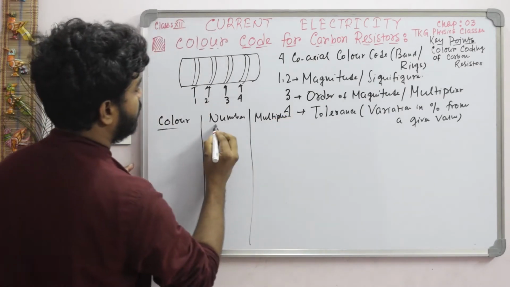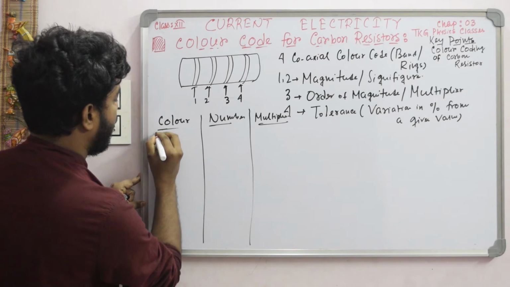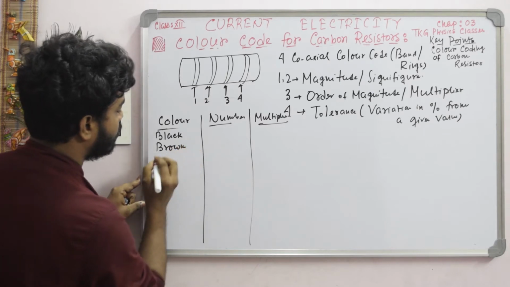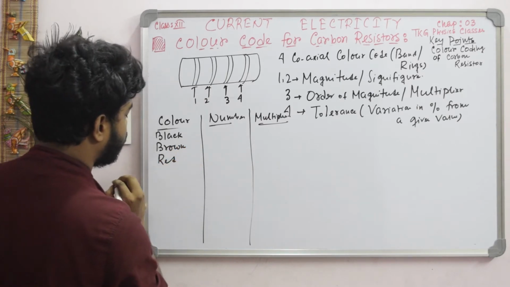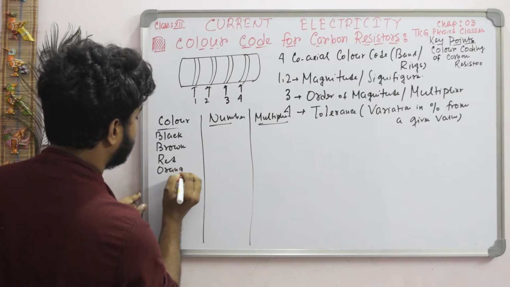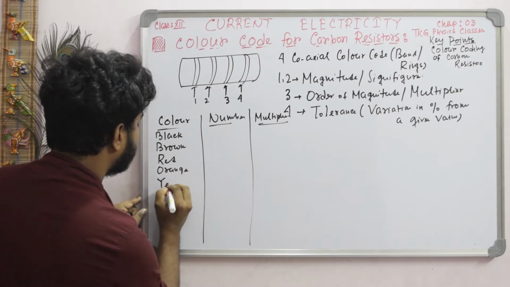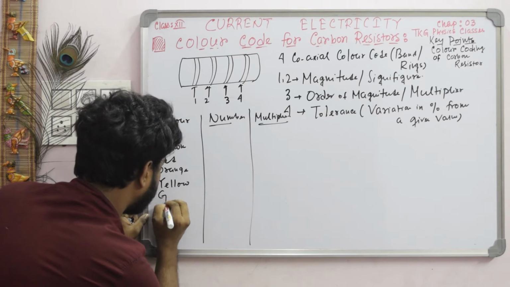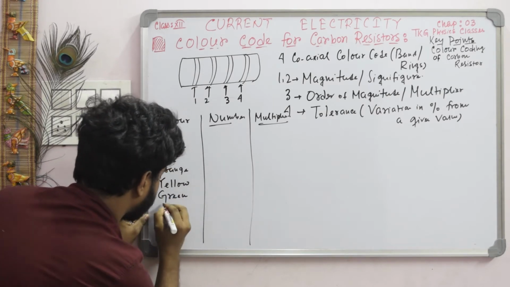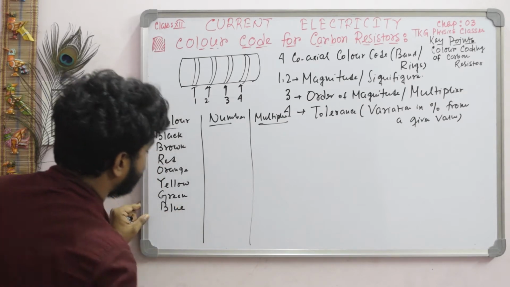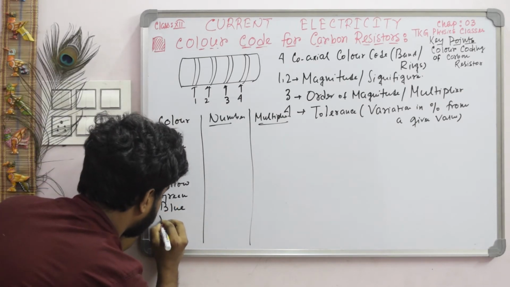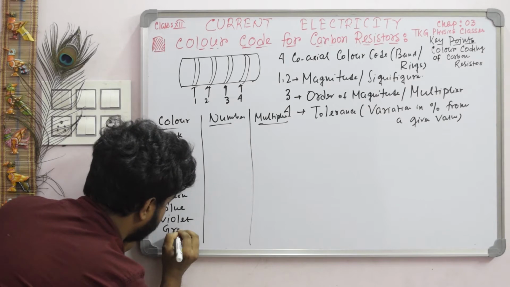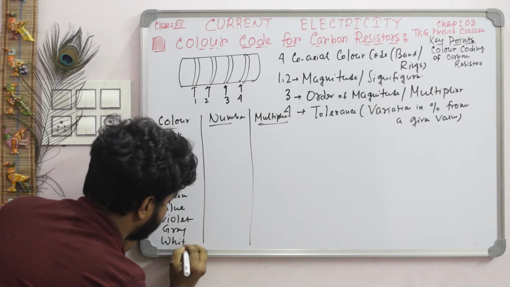Okay, first number, right, first black, second brown, third red, fourth orange, fifth yellow, sixth green, seventh blue, eighth violet, ninth grey, and tenth, that is white.